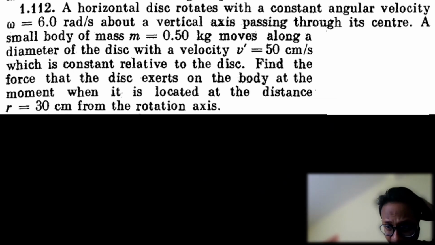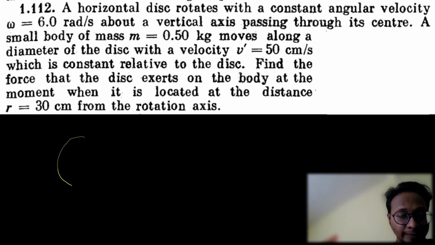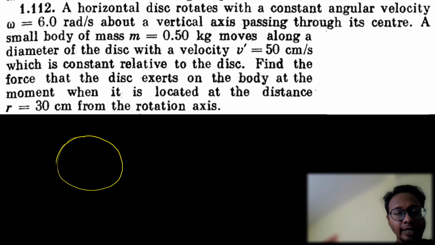In this question, what the question is saying is that there is a circular disc. It is rotating about this axis with angular velocity omega. Now out here in this disc, a particle is thrown with a certain velocity v, and this particle intends to move along the diameter of the disc.